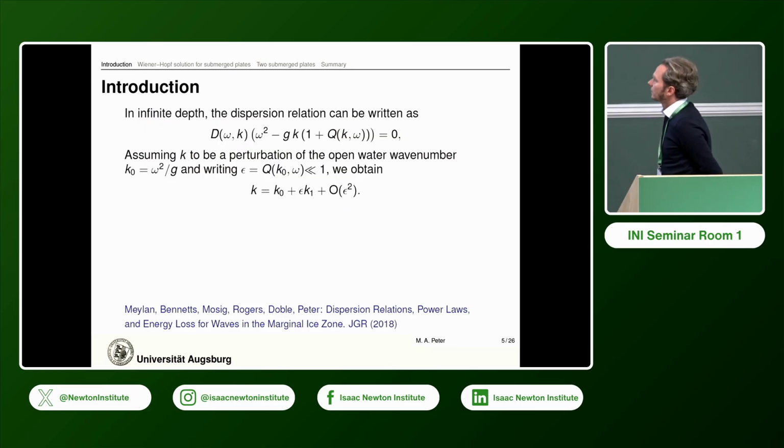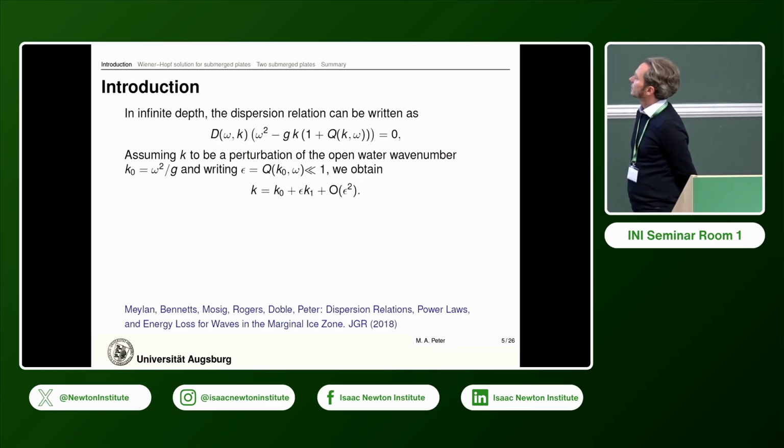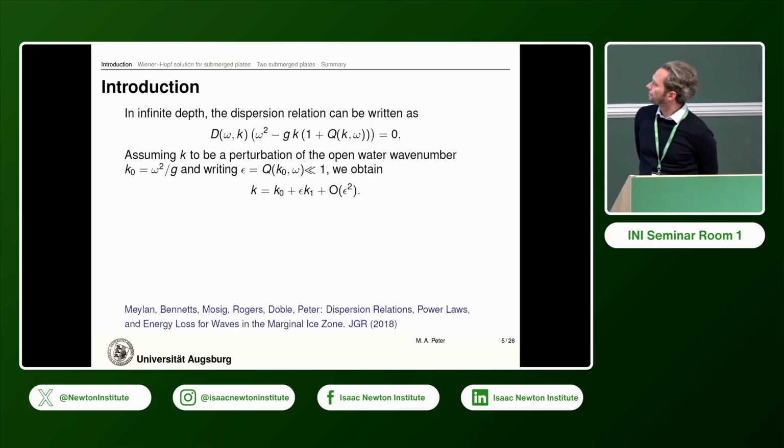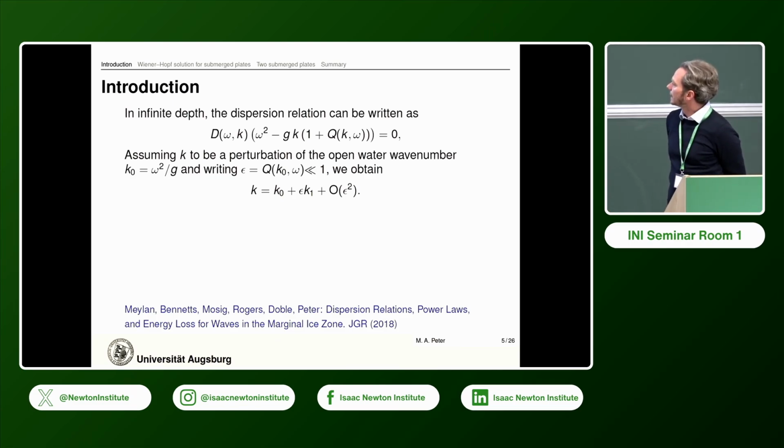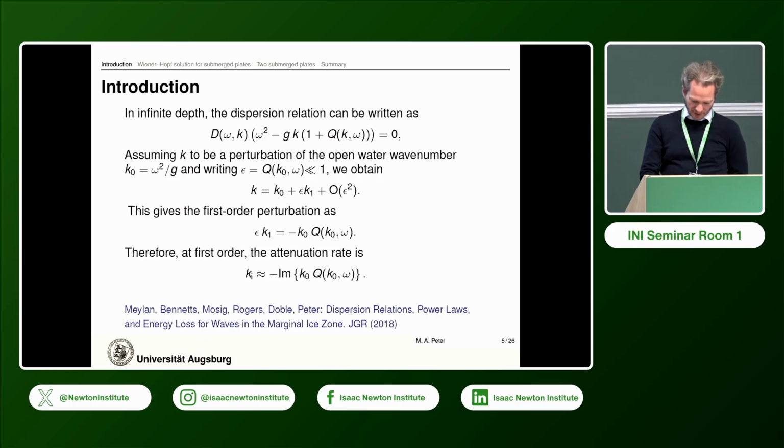And so if you look at the dispersion relation in infinite depth, it always has this form in this context. And if you then do a perturbation analysis around the open water wave number, which is just frequency squared over gravity, and you do a calculation, then it turns out that the attenuation rate, which is the imaginary part of the wave number at first order, is this thing there.